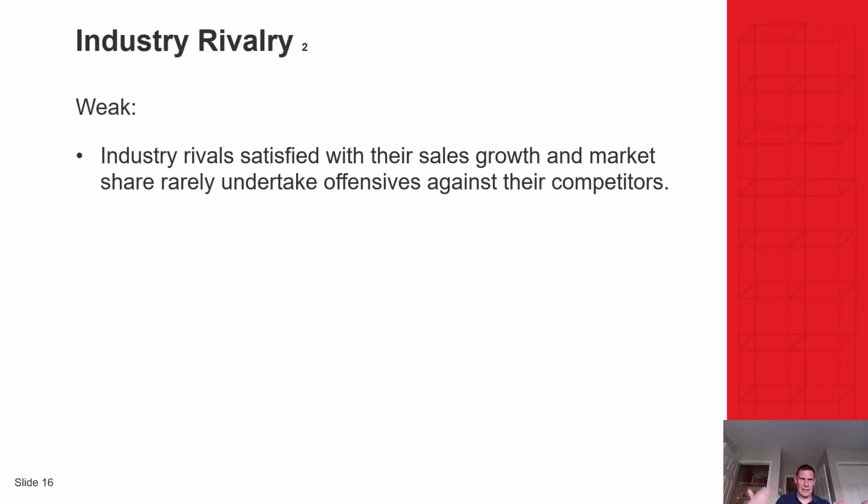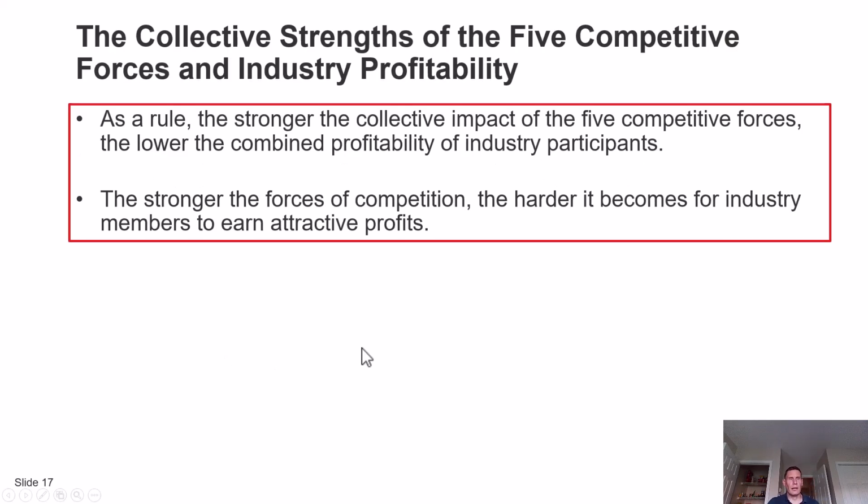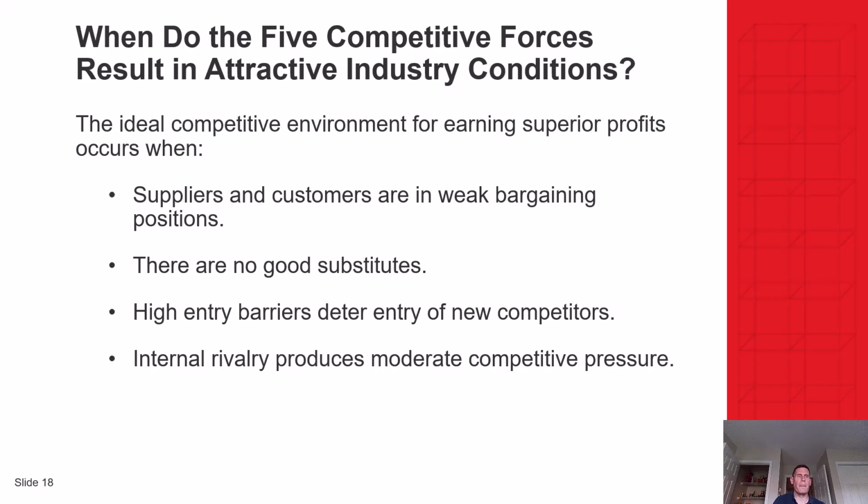They sort of got what they wanted, so now they're in more of a holding phase. So as a rule, the stronger the collective impact of the five competitive forces, the lower the combined profitability of industry participants. The stronger the forces of competition, the harder it becomes for industry members to earn attractive profits.